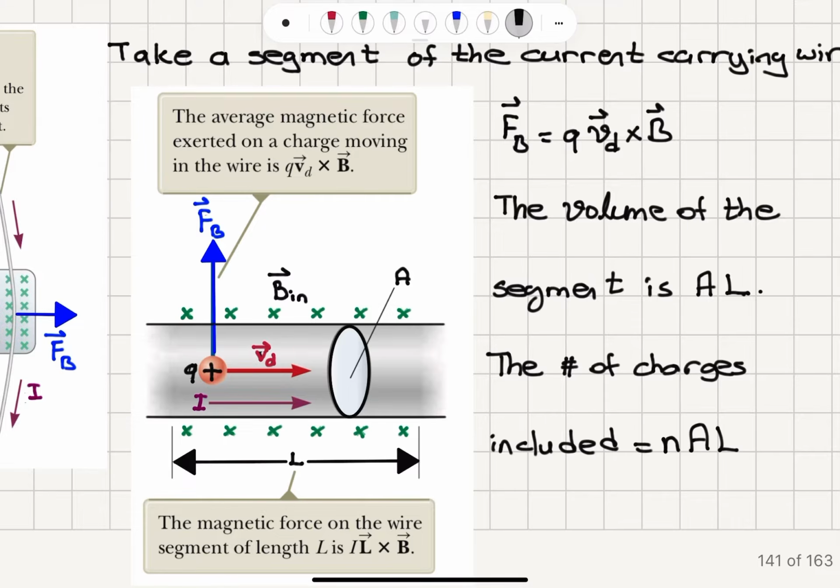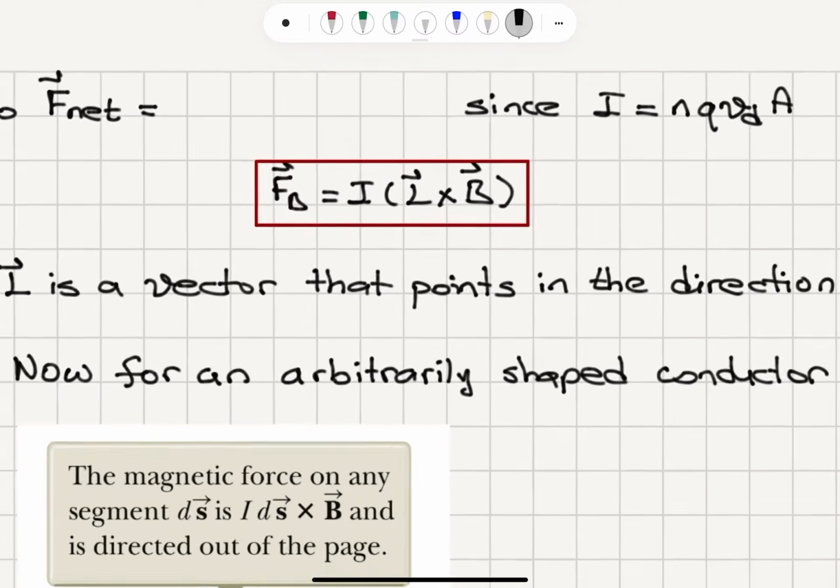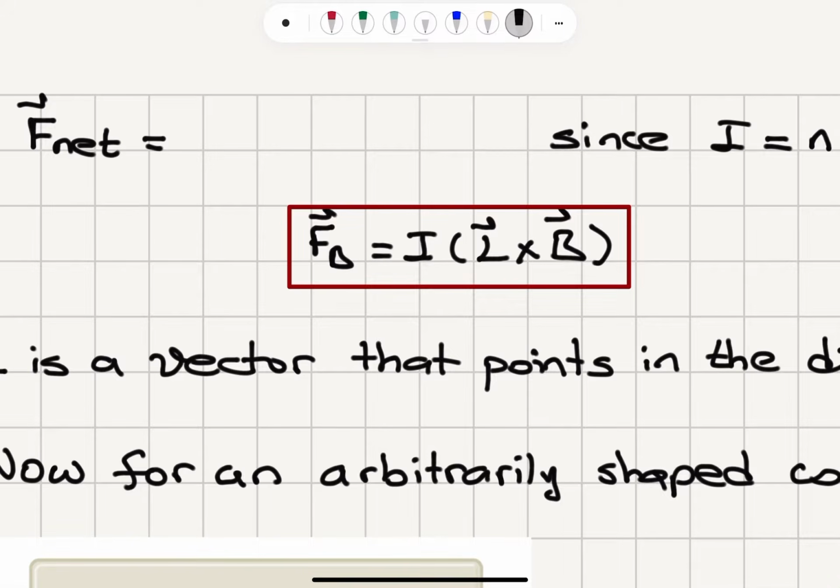Okay, so with that, we will have the net force. qv cross B is the force on one charge, so we have q drift velocity cross product with magnetic field on one charge.